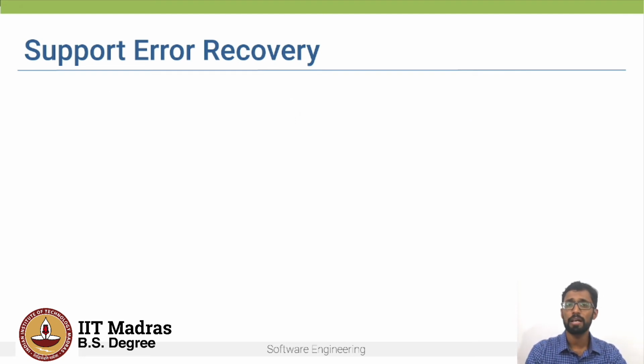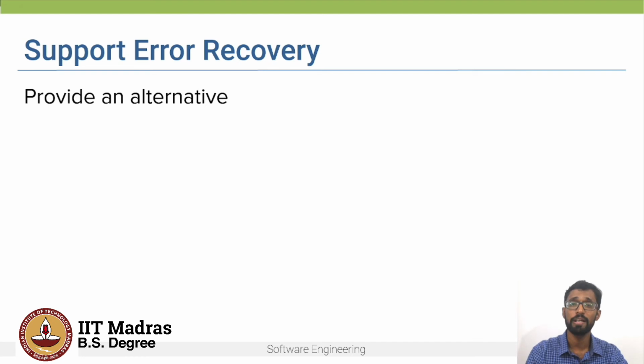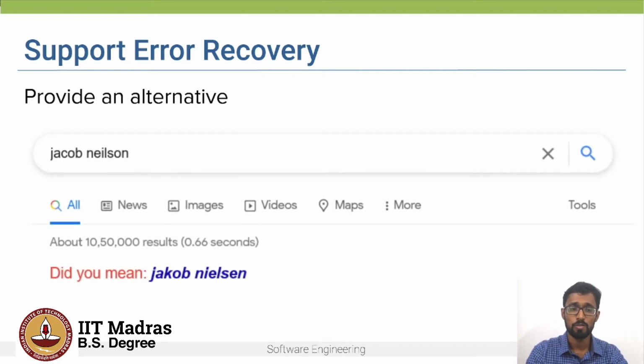Another way to support error recovery is to provide an alternative to users. There might not be an easy solution or the right solution, but you can always offer different alternatives or different pathways for users to reach their goal. For example, here in the Google search, I have typed in Jacob Nielsen and the spelling of Nielsen is wrong.